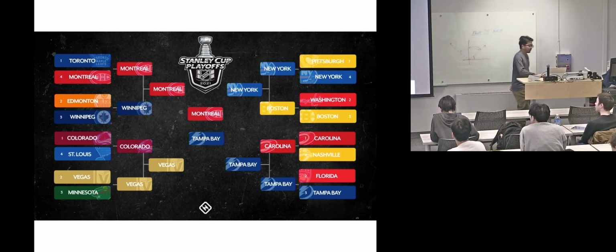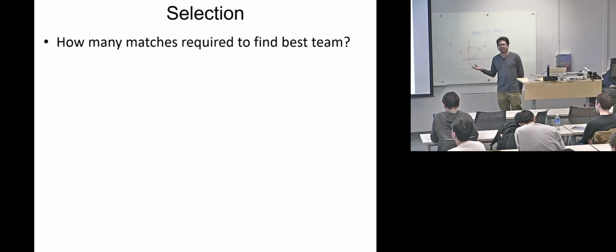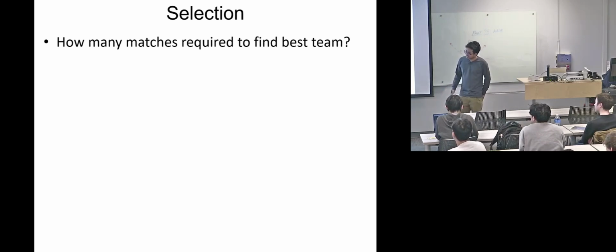It's like you have a bunch of numbers and you need to compare them to find which one is the smallest. If you have n teams, how many matches do you need to find the best team? Or if you have n numbers, how many comparisons do you need to find the minimum? N. n is enough, can you do better?